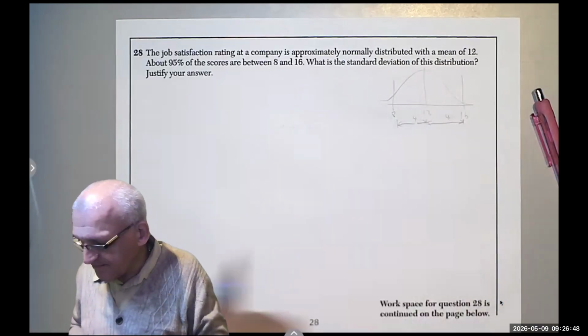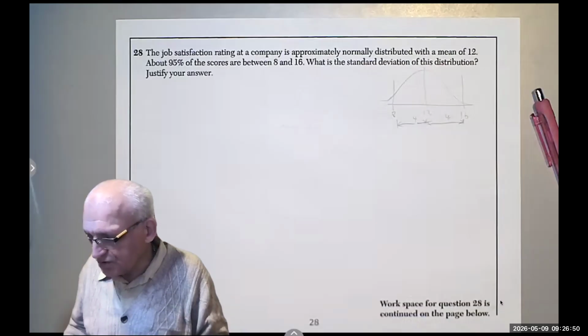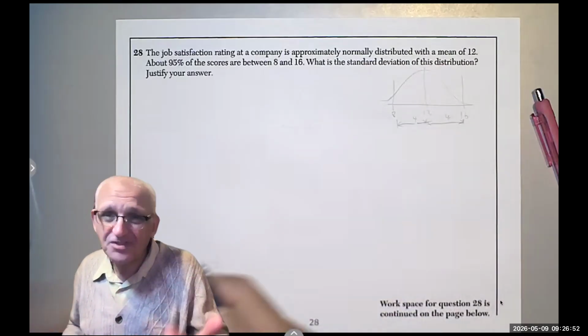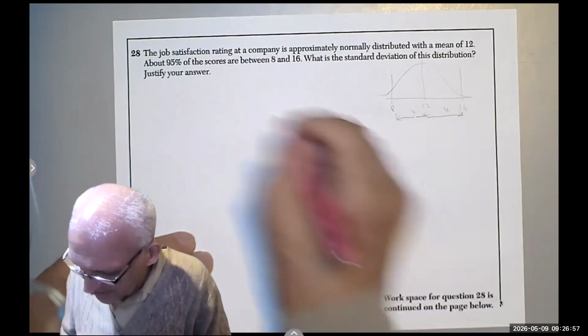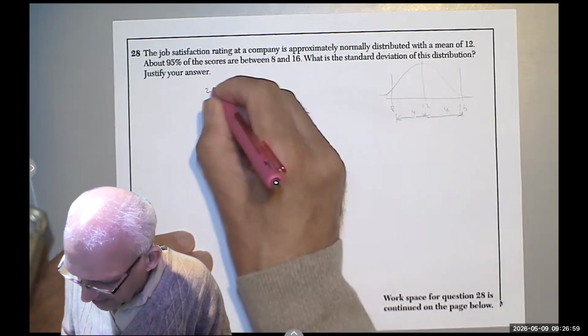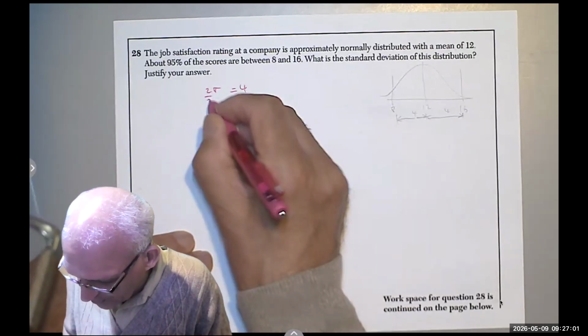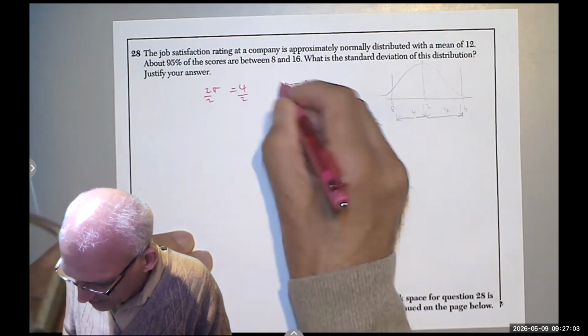What is the standard deviation of the distribution? Well, usually we say it's roughly 2. It's not exactly 2, it's 1.96, but we say it's 2 sigma. So 2 sigma equals 4. You divide by 2 both sides and you get sigma equals 2. That's it.